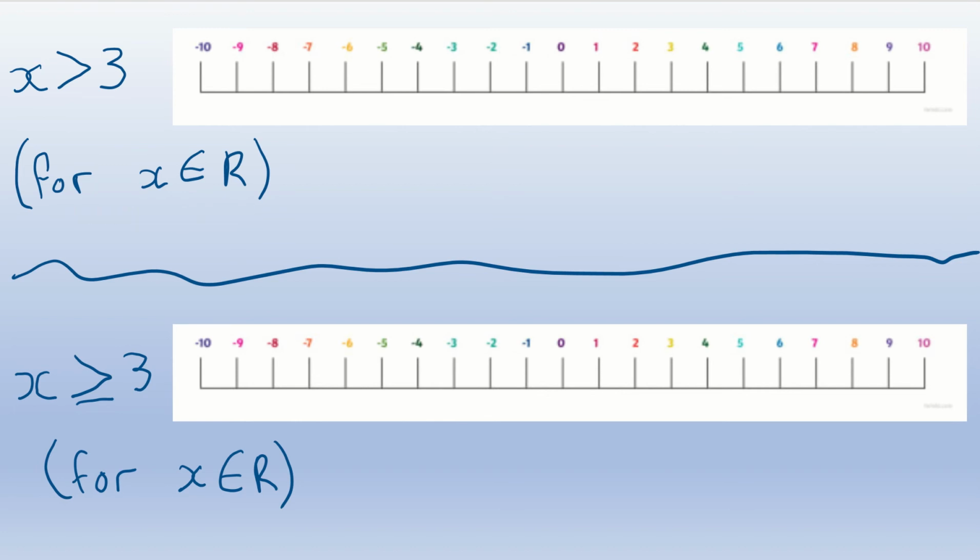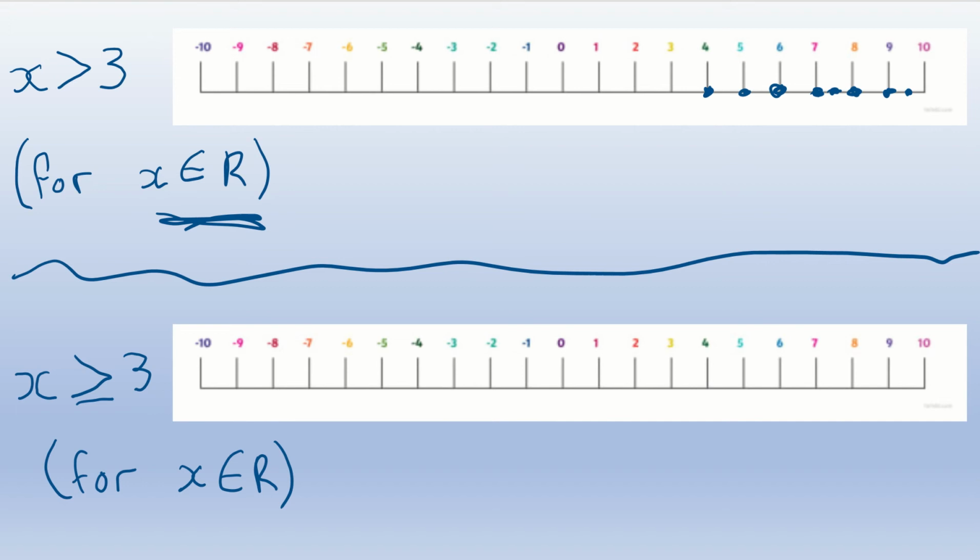So on the number line here, if we were to just start that out and try and pinpoint a couple of numbers that are bigger than 3, well, we could say that 7 is bigger than 3, 8 is bigger than 3, 5 is bigger than 3, 4 is bigger than 3, 6 is, 9 is, 9.5 is, 7.5 is, and so on. Now remember, we're dealing with our real numbers, so we can have decimals there as well.